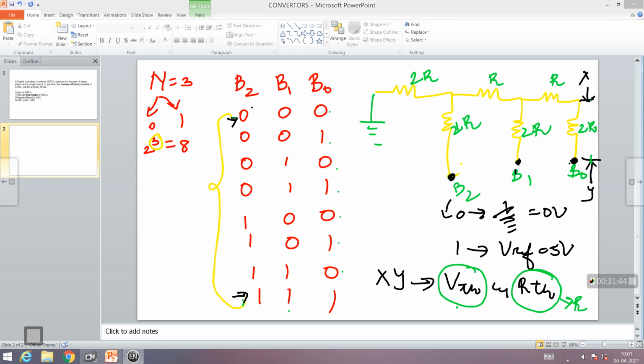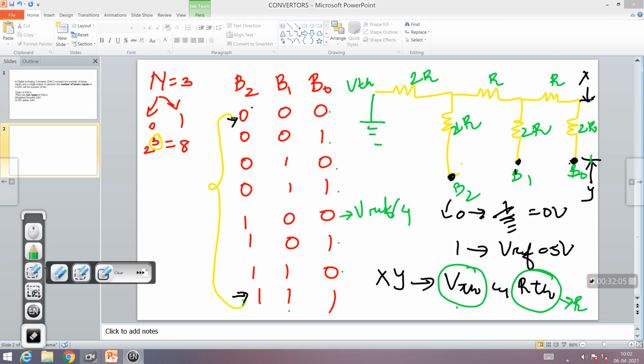So you all can try for 100, your VTH comes out to be Vref by 2.